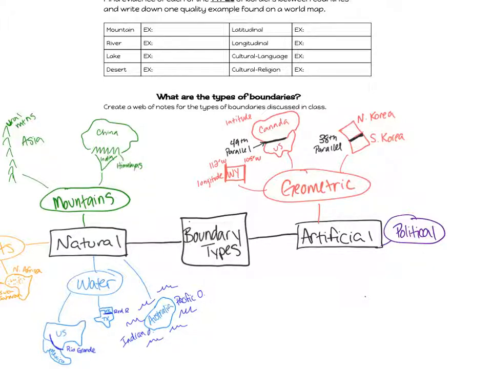So our political boundaries are the ones that you see on a map. So really, these are the borders that are determined by people, usually like the UN, right? Remember, we said that you have to be recognized by other countries to be a real country. And along with that, you kind of have to know where your borders are. So the UN is going to decide where the lines are drawn on a map.